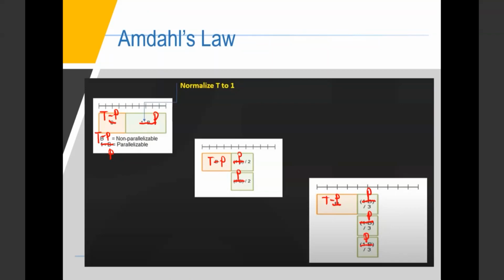So you have a program which consists of a parallelized section, this one, and a non-parallelized section, this one.